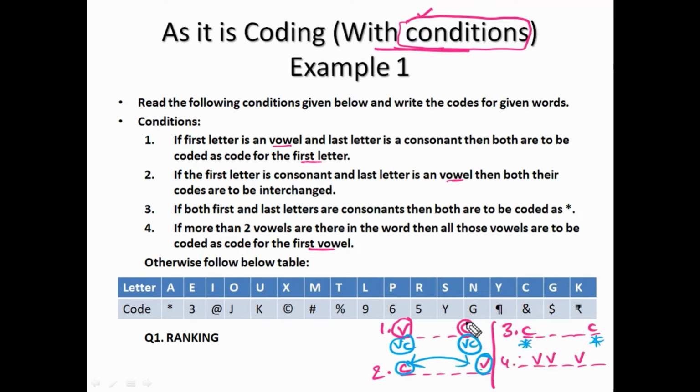Whatever the first vowel code is, we have to write that first vowel code for all the vowels. So these are the 4 conditions. If these conditions are satisfied, we have to follow them. Otherwise, follow the below table.